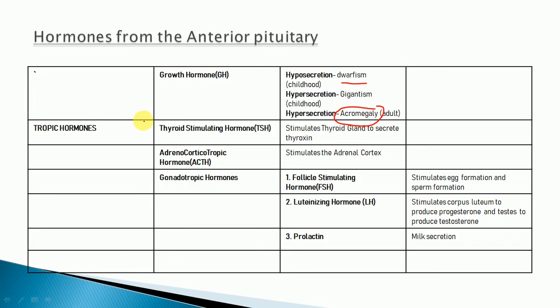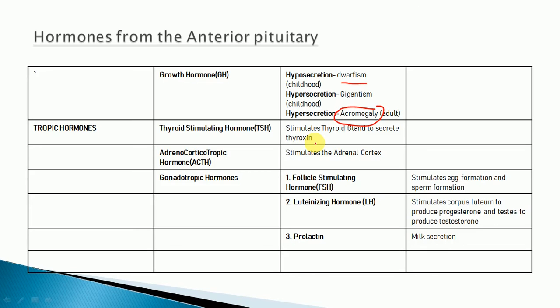Now there are certain tropic hormones which are secreted. The first is thyroid stimulating hormone. Thyroid stimulating hormone stimulates the thyroid gland to secrete thyroxine. We saw that the pituitary gland controls all other endocrine glands.